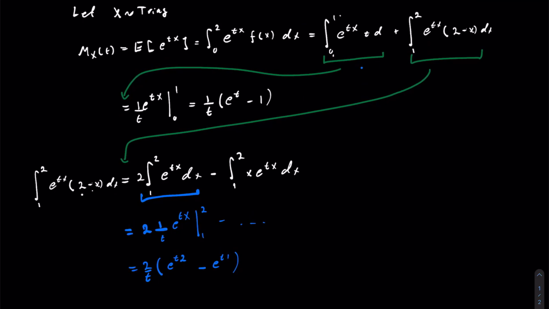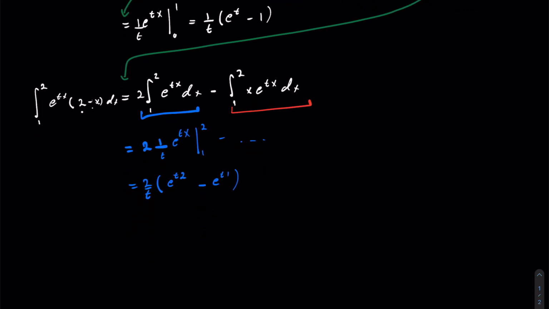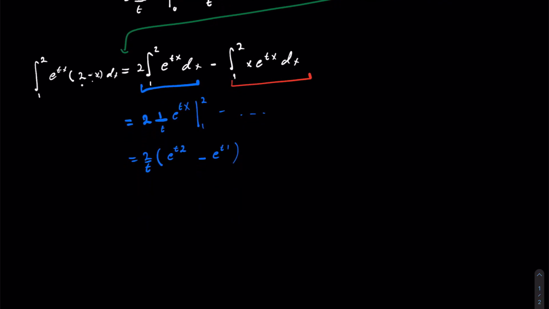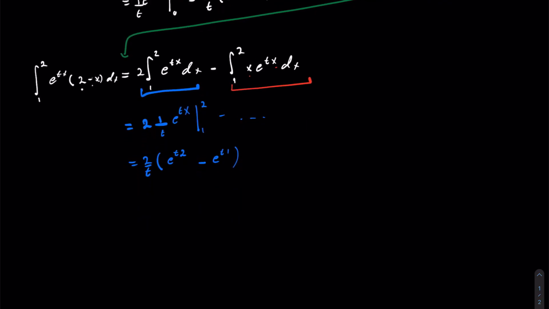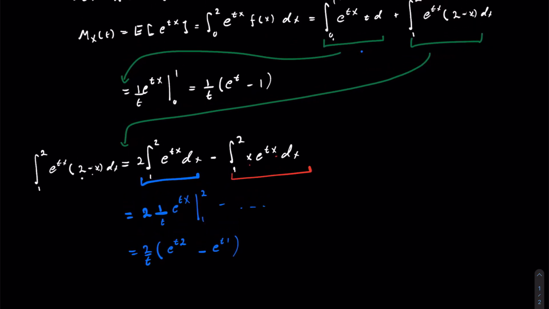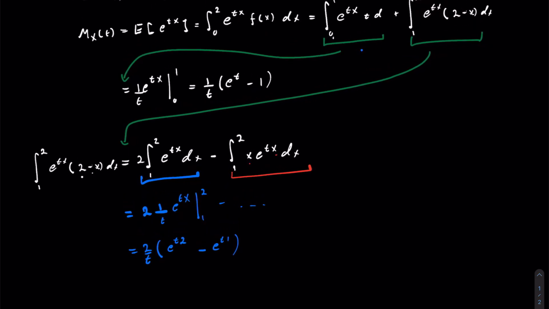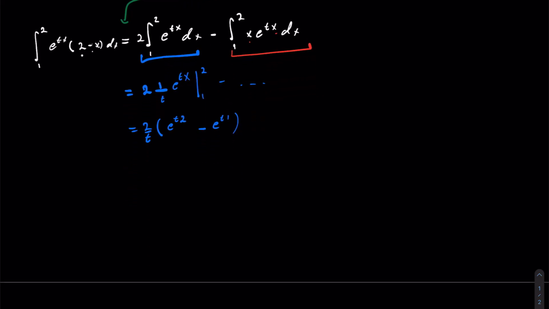And the remainder is an integration by parts maneuver, because we have the x there and the e to the t x there. So let's do that. I'm going to move it further down here.